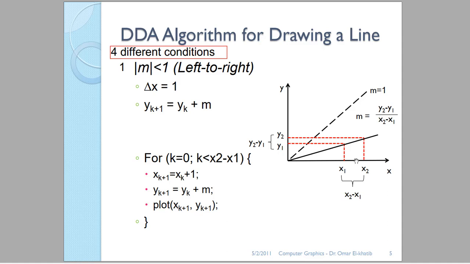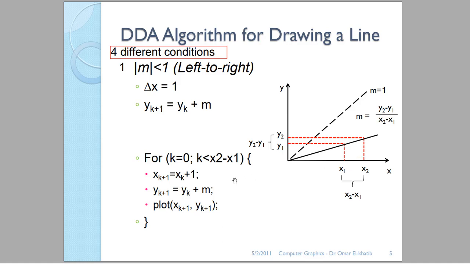Although this starts from 0, this is just for counting. We don't count starting from this 0, but actually this 0 means that we are counting from here until here, from 0 to whatever is the difference between these two. So it will cover this area from left to right.